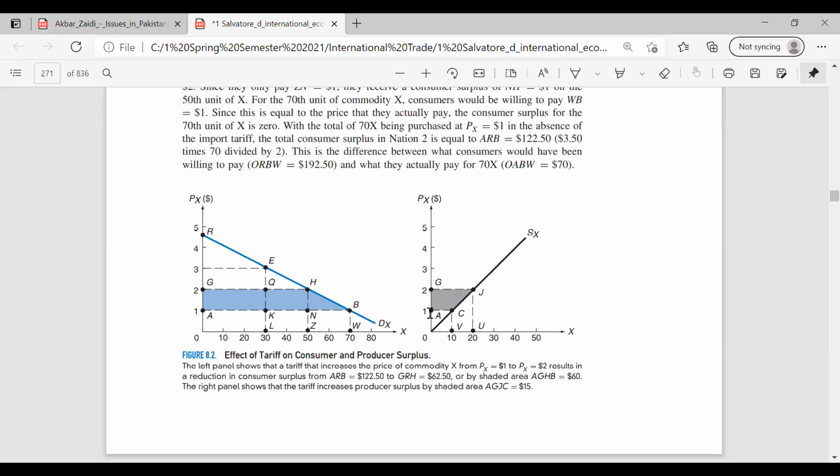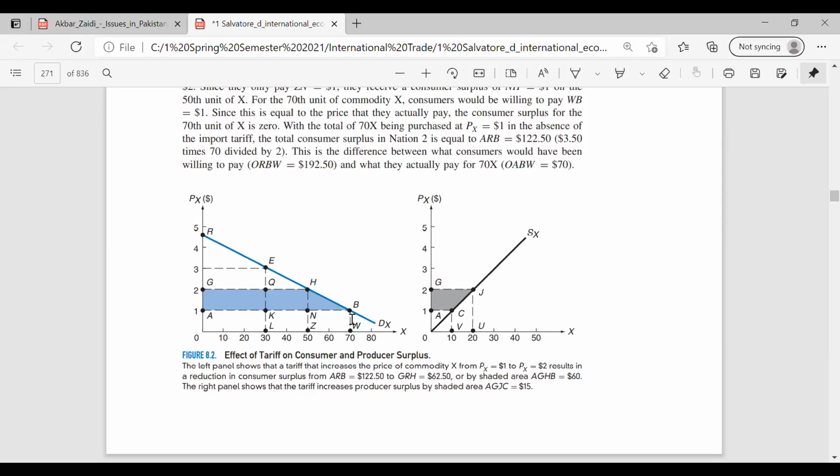When the price was $1, producer surplus was below this price. After the tax, with the price now $2, producer surplus has increased to ACJG, which is above the supply curve and below the new market price.